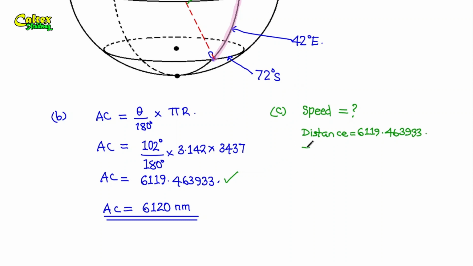So time is the difference of the arrival time, and that is 23 hours minus the departure time, which was 20 hours. These measurements are in the 24-hour system, so we have a difference of 3 hours. So we know our time, we know our distance, we can get our average speed.